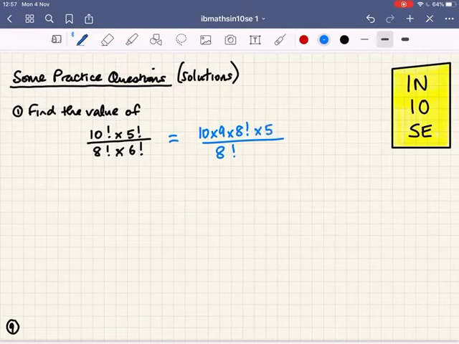Let's leave 5 factorial where it is and rewrite 6 factorial as 6 times 5 factorial. And I can cancel some of this down and I end up with 90 over 6, which is equal to 15. Bit of cancelling down in your head. Hopefully 90 divided by 6 is 15.